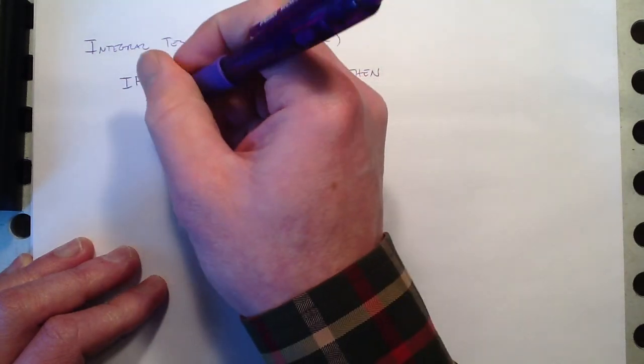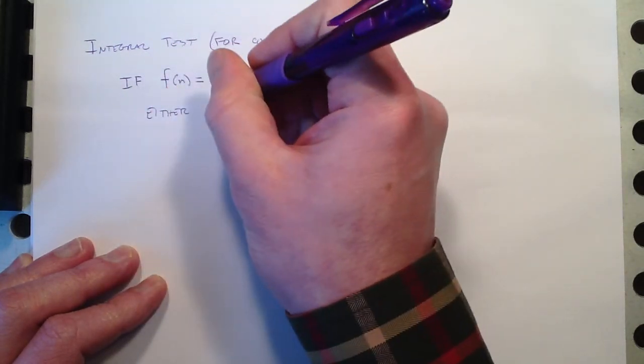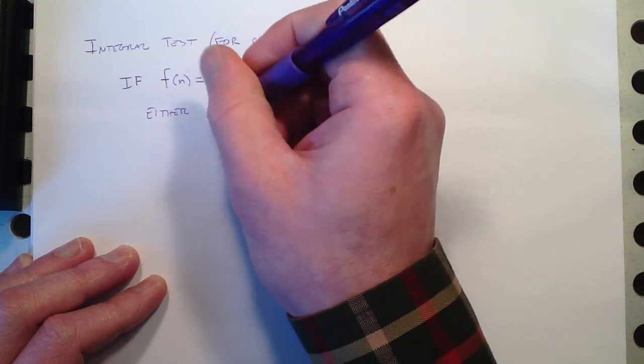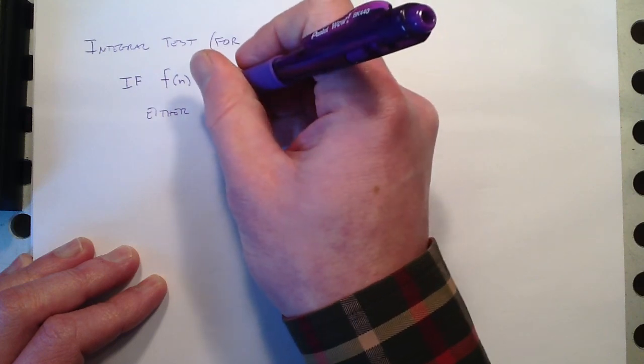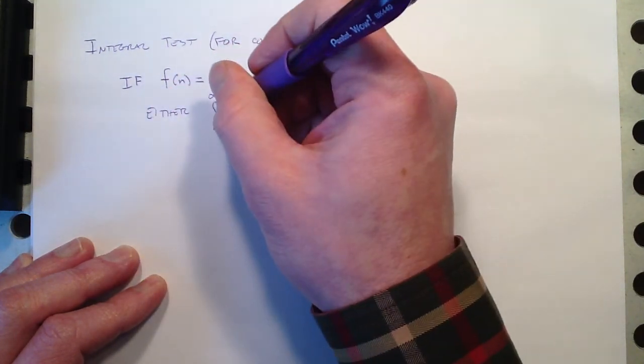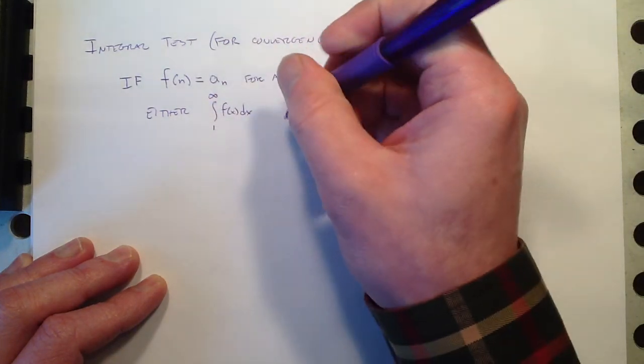Then either the integral from any number you want, we'll say 1 to infinity, that does not have to be a 1, of f of x dx. That's an improper integral, right?